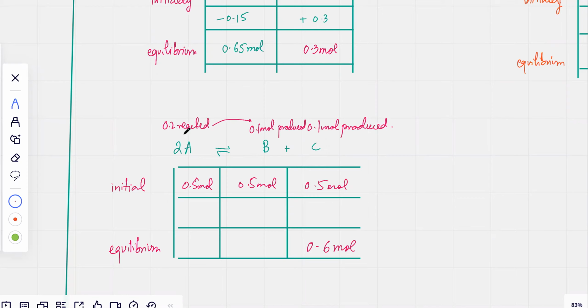So 0.2 are gone, and there's an extra 0.1 getting produced. So how many moles do you have in equilibrium? It's going to be 0.6 for this, and it's going to be 0.3 moles for this. Is this clear?